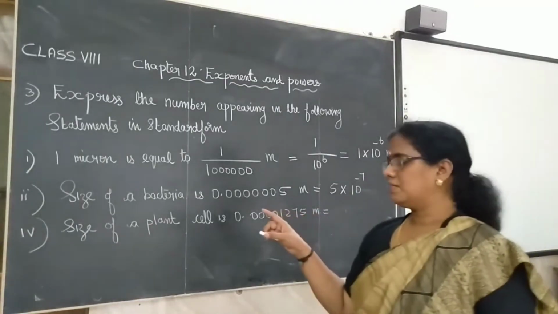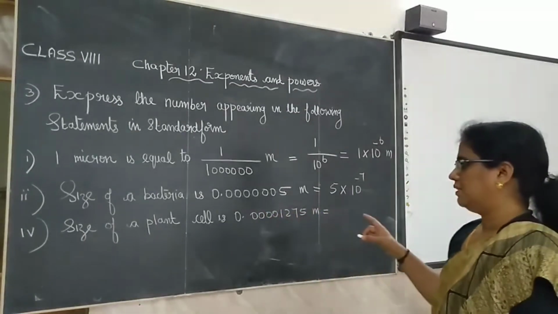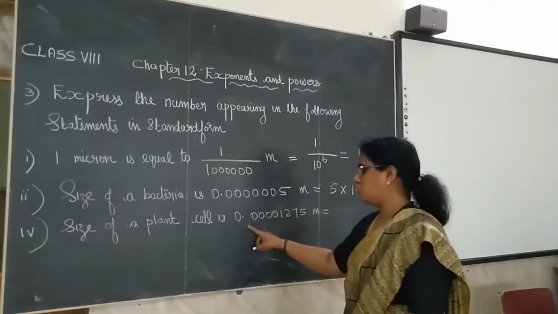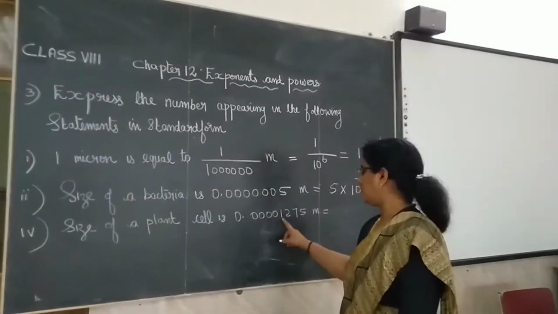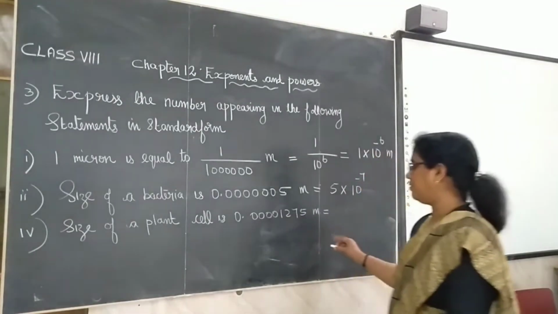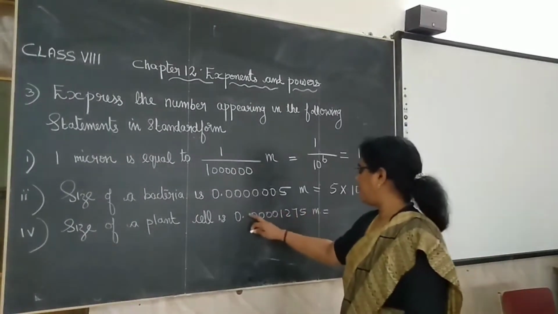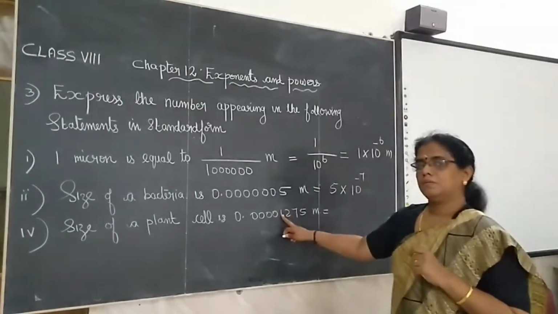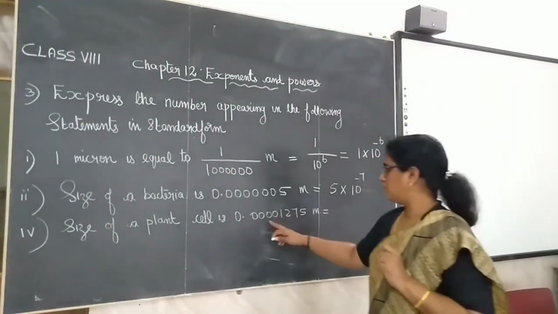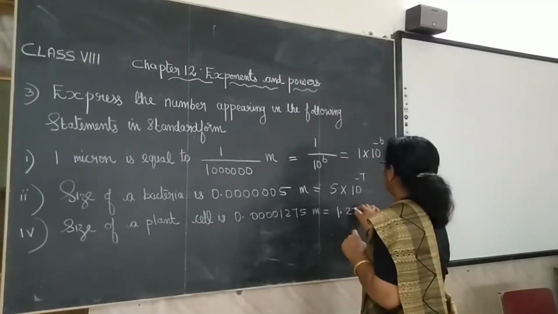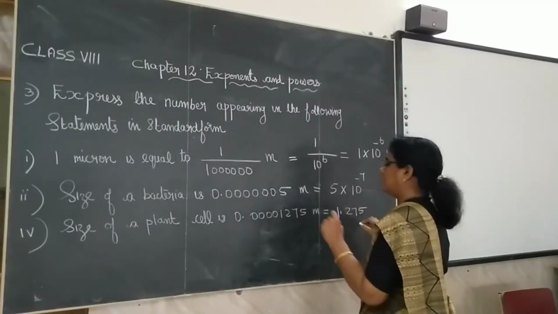The next one, the size of a plant cell, the number is 0.00001275. And here also, when we move the decimal to here, it becomes a number between 1 and 9. So this becomes 1.275.